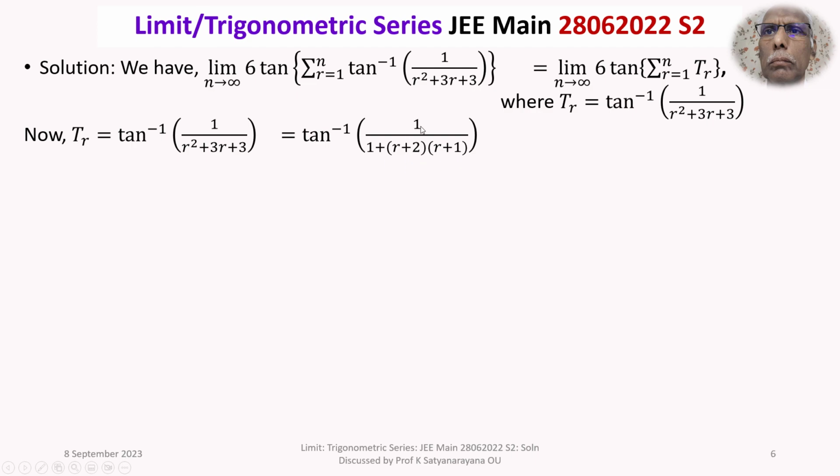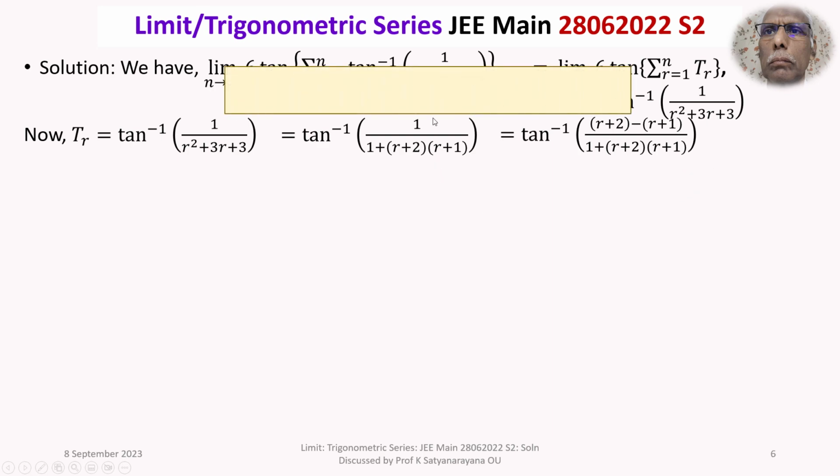Now the numerator 1 can be seen as r plus 2 minus r plus 1, because the formula for tan inverse of x minus y by 1 plus xy will help us. Let's recall this formula: tan inverse of (x minus y) by (1 plus xy), when xy is greater than minus 1, is equal to tan inverse x minus tan inverse y.